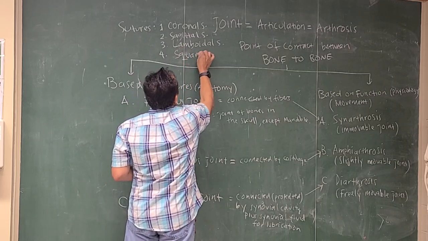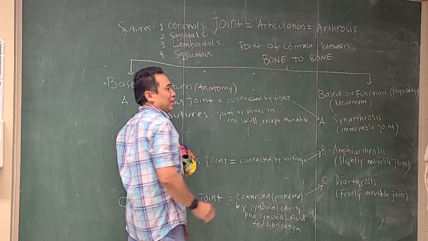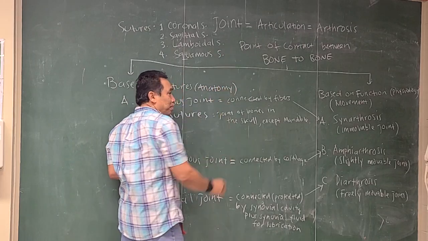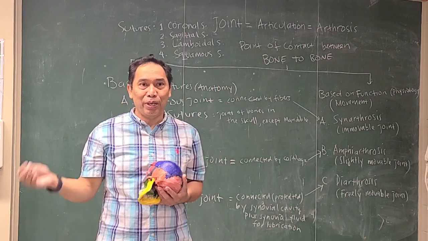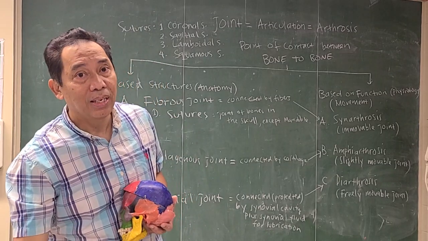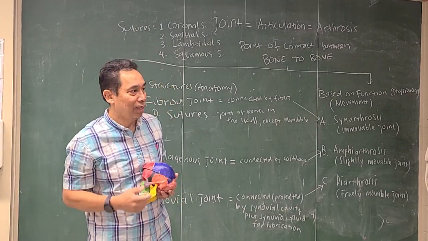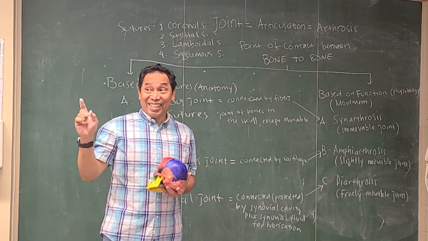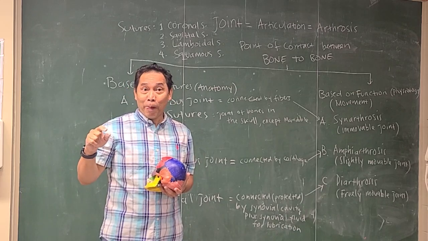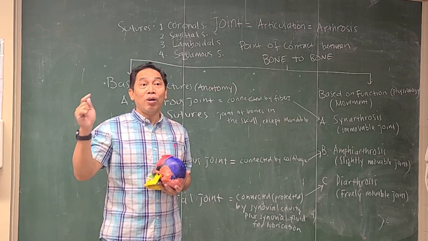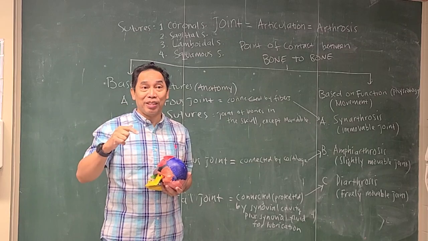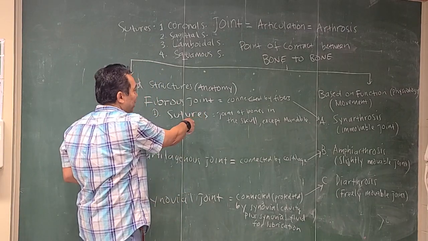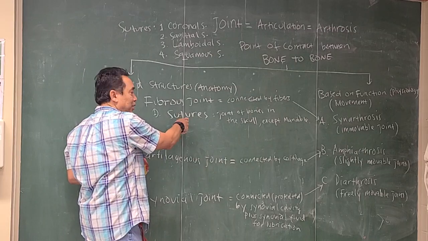Therefore, the name comes from this: squamous suture. And again, put the name of the bones, between parietal and temporal bones. Get it? Do they move? No. So they are all synarthrosis, immovable joints. That's the first type of fibrous joint.